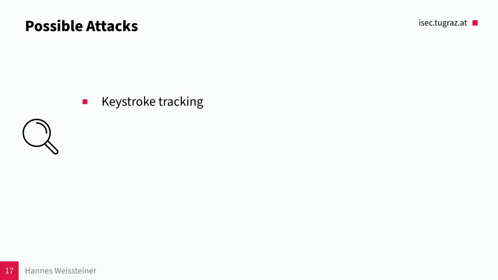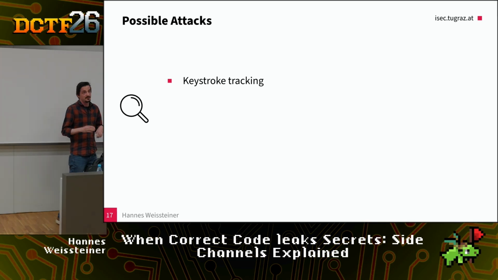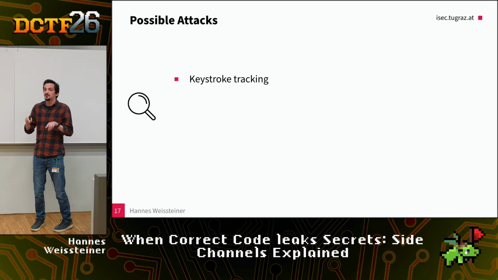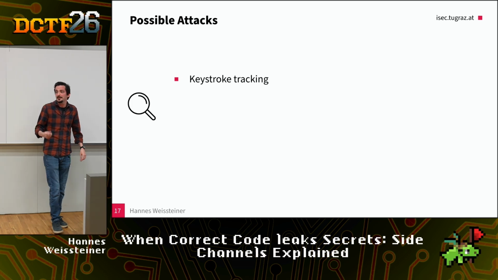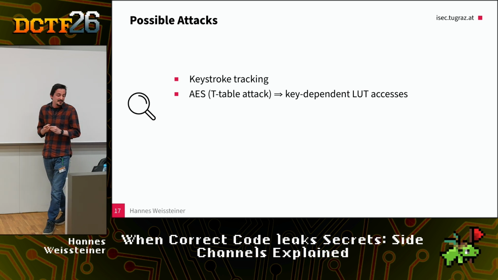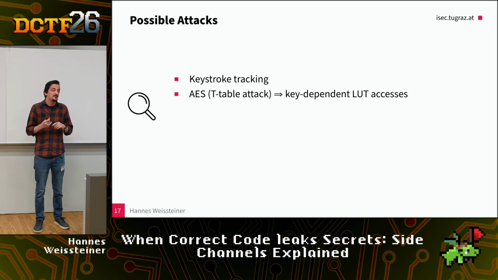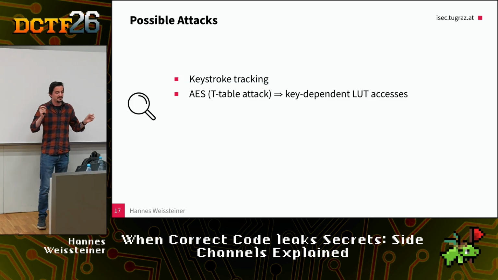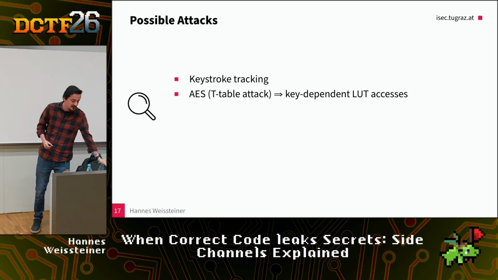Anyways, with this templating, or with this side channel in general, you can track a lot of stuff. We saw keystroke tracking, and there are some papers that show that with statistical analysis, you can, from keystroke timings, recover whatever you typed in some cases. People have attacked AES T-tables, so you can recover the key from AES encryption by tracking which parts of this lookup table were accessed.